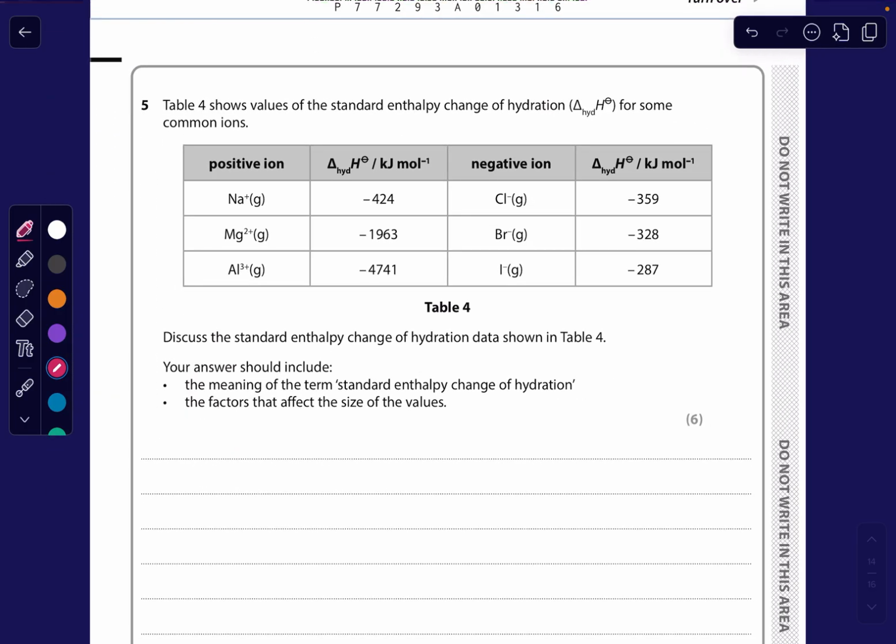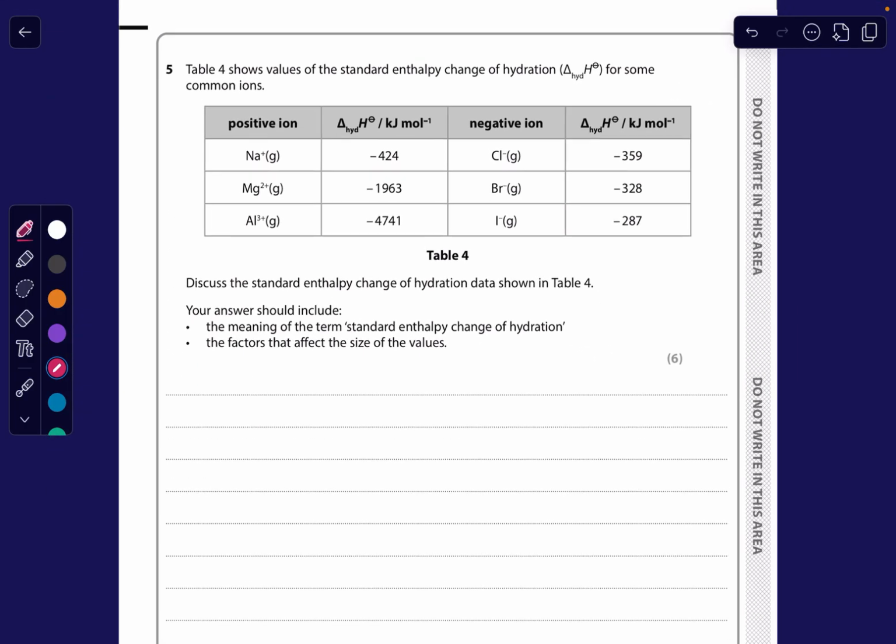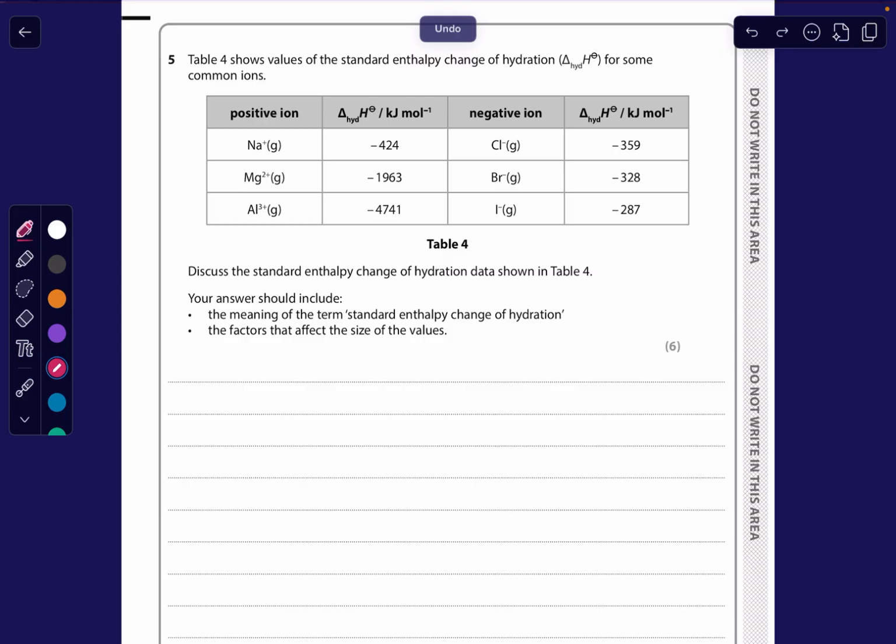Right. Speaking of horrible questions, question number 5 is a 6 marker that wants you to recall as much information from Unit 1 as possible and link it to Unit 5. So it's a really, really tough question. Table 4 shows a standard enthalpy change of hydration for some common ions.